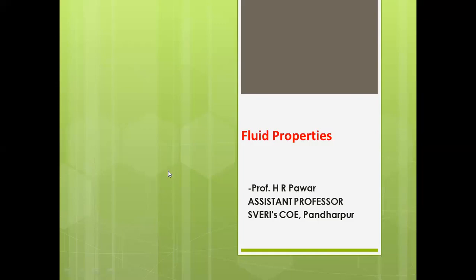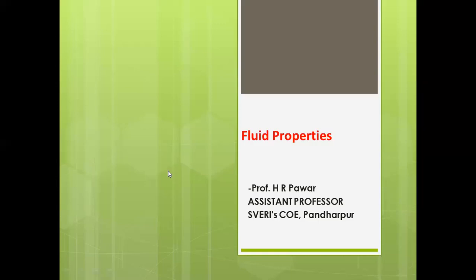So first of all, we should know the basics or fundamental concepts, we should be thorough with them. Because of that, first of all, we will revise the concepts of the fluid properties. What are the various physical properties which are helpful for understanding the further concepts of fluid mechanics? Those properties we are going to deal with right now.